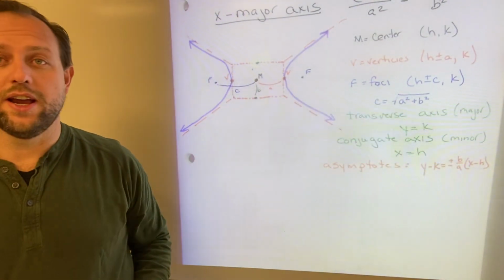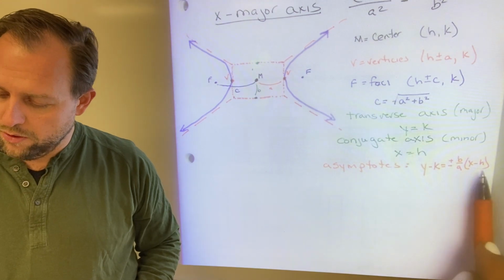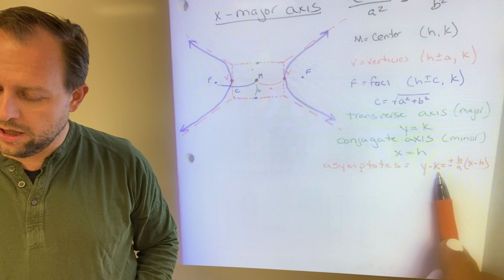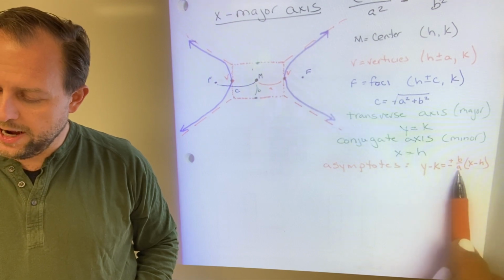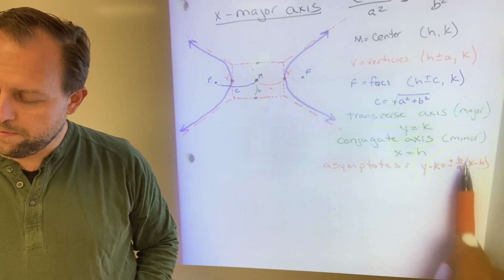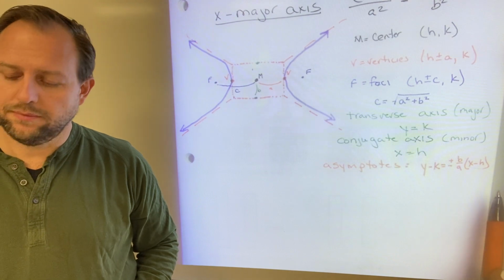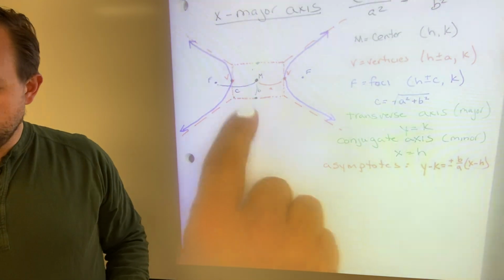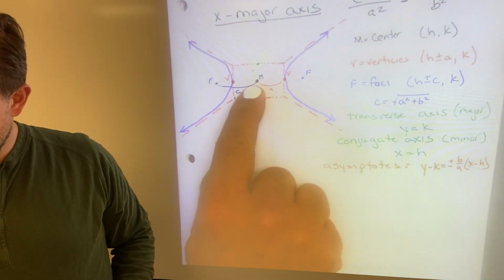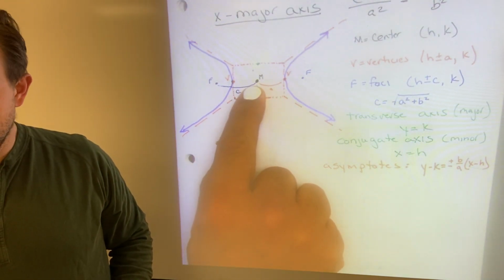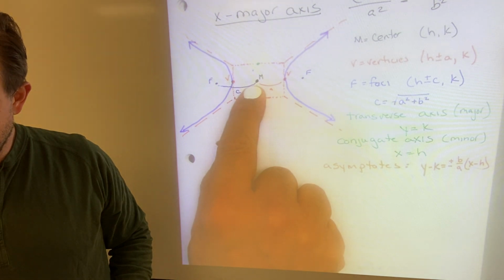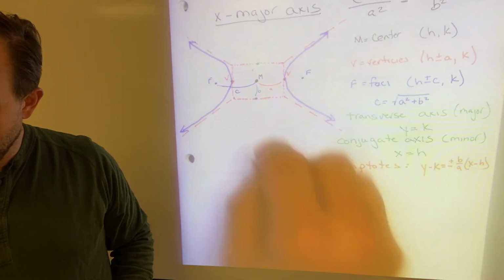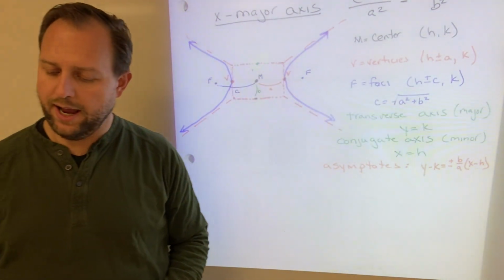They actually have an equation. And they go through h comma k, and they have a slope plus or minus that ratio of b to a.